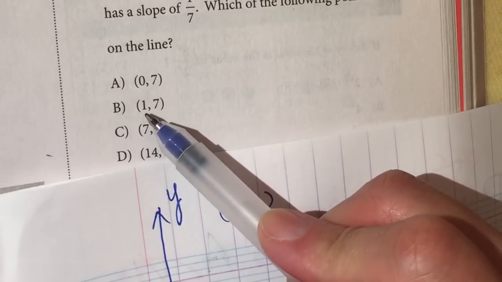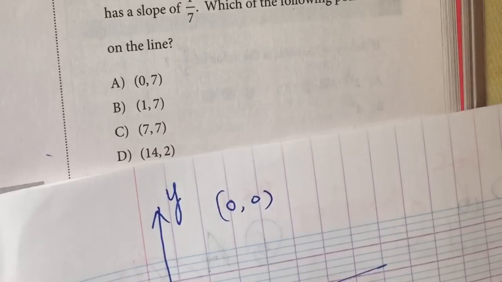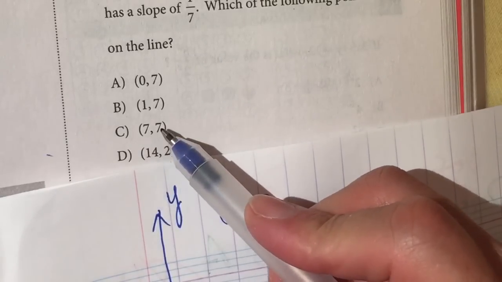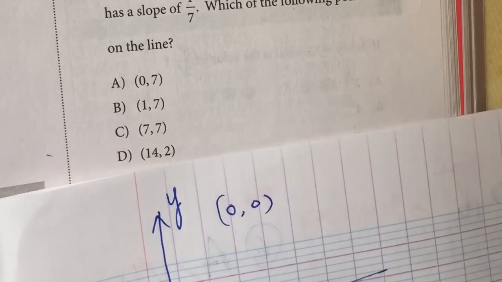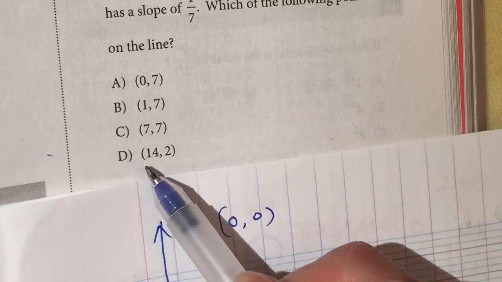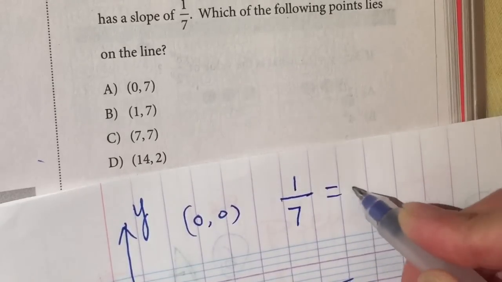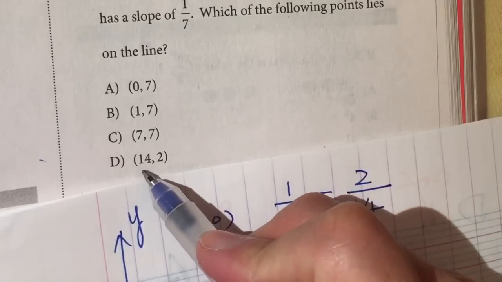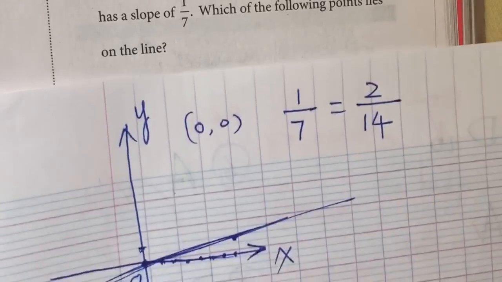The numbers 1 and 7 are here, but it's the testing teacher's trick to trick you around. 7, 7? Compared to 7, the ratio is not 1/7. So 2, 14. 1/7 equals 2/14. So 14 and 2 is the point.